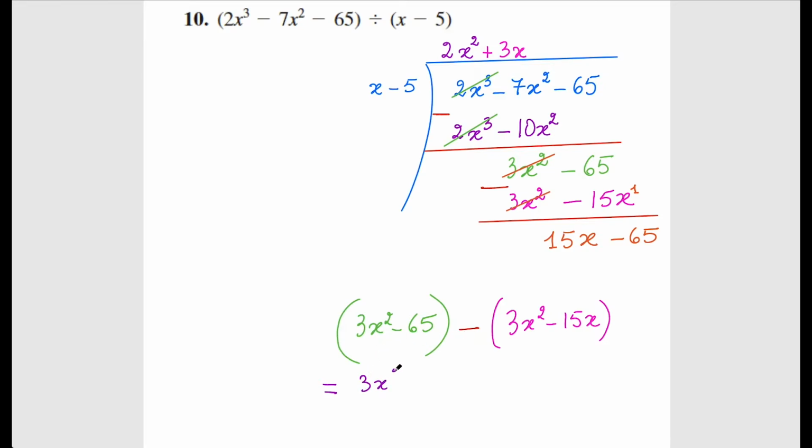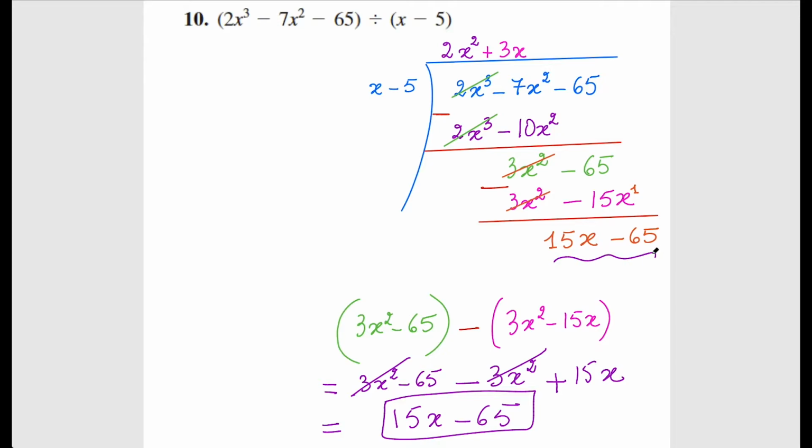That's 3x squared. I'm going to destroy the parentheses. Minus 65, minus kicks in, minus 3x squared, minus the minus is plus 15x, right? That's exactly what I've done here. Those guys cancel. 15x minus 65. So you see this result and this result are the same. I'm showing it to you horizontally just to build some momentum and some intuition on how to do it vertically.